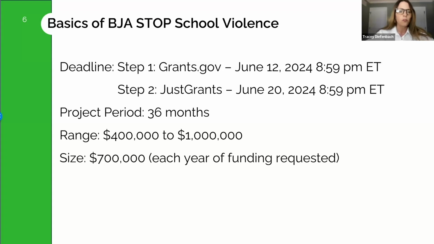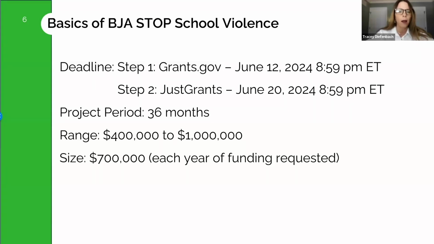In the SF 424, you will enter the name and contact information of the individual who will complete the application in Just Grants, and then within 48 hours after the submission of Step 1, this individual receives a series of grants.gov email notifications, as discussed in the previous training.